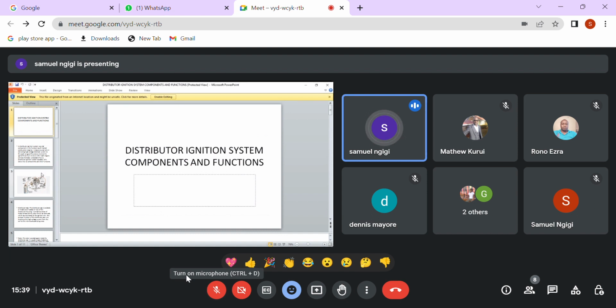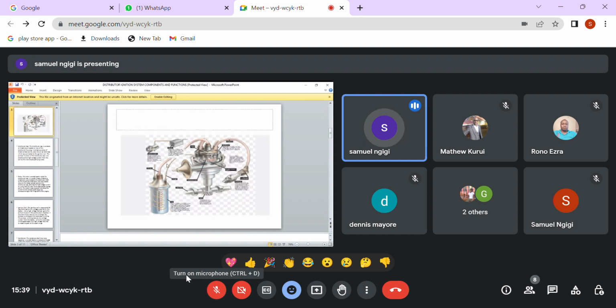So when you look at this slide, after identifying the common components of the distributor, you realize that this component is what we call the ignition coil.